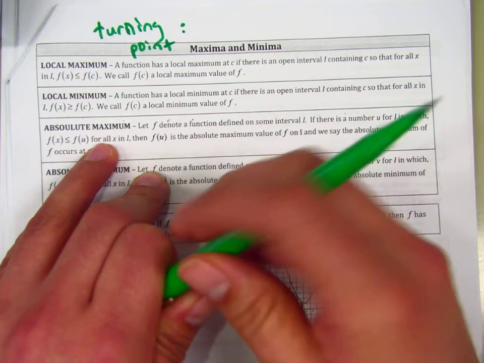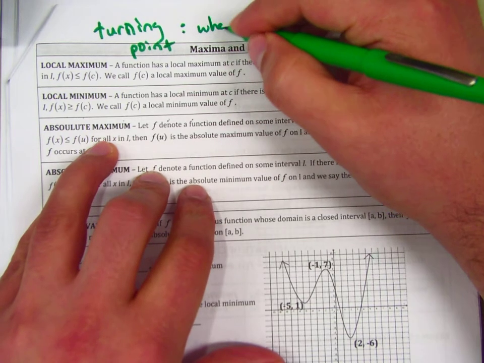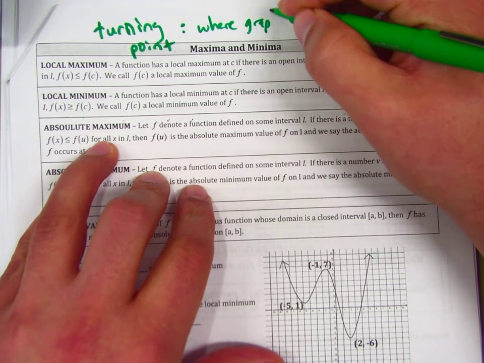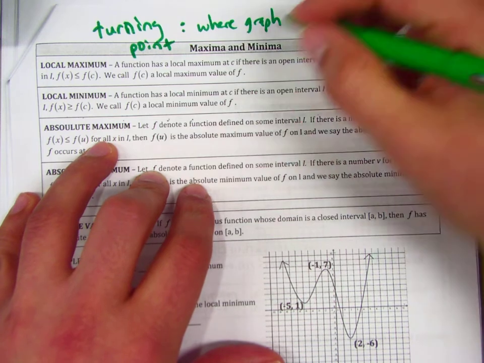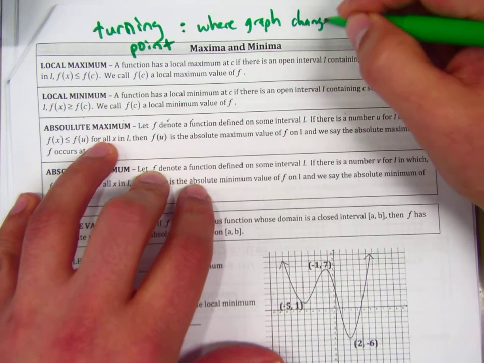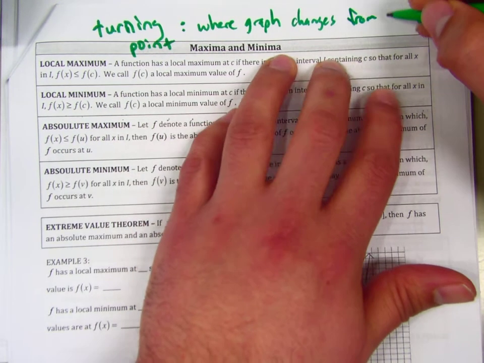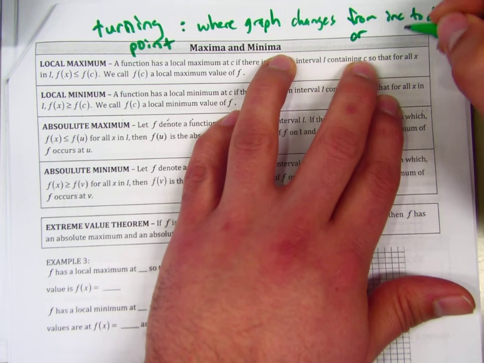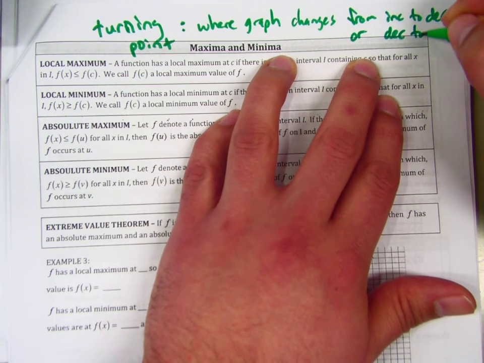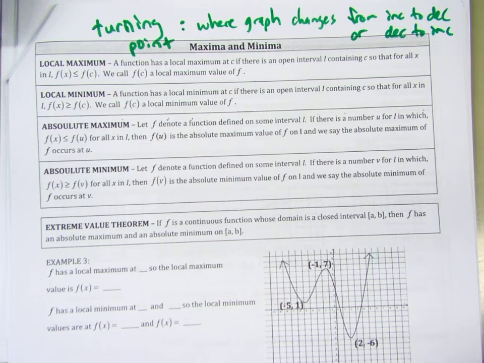A turning point is where the graph, if you want to be really literal, turns around. But I'll say where the graph changes from increasing to decreasing, or vice versa, from decreasing to increasing.